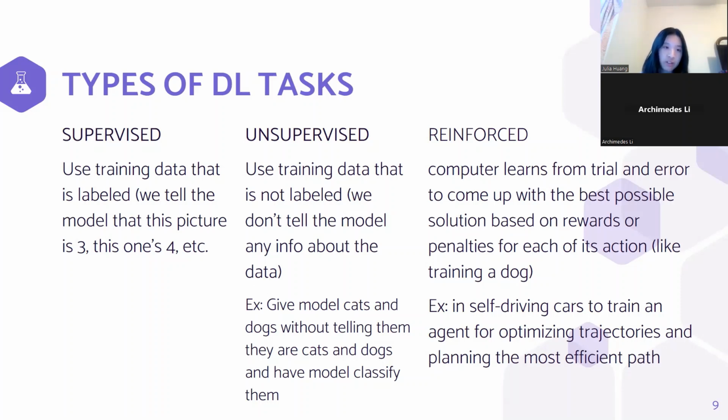If we just give it a lot of cat and dog images, eventually, based on pattern recognition, the model can subdivide them into different categories. For example, maybe dogs usually have rounder ears in these images and cats usually have pointier ears. Based on that pattern recognition, the model can sort them into categories, like saying, oh, all pointy ear pictures will go into the cat category, and all the rounder ear pictures will go into the dog category.